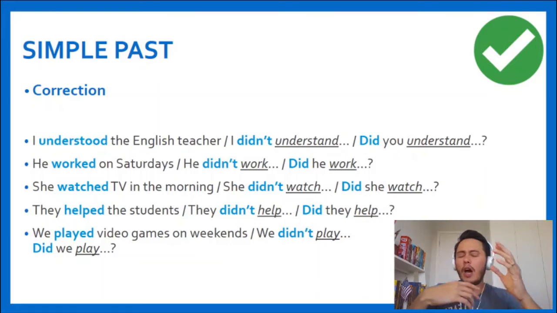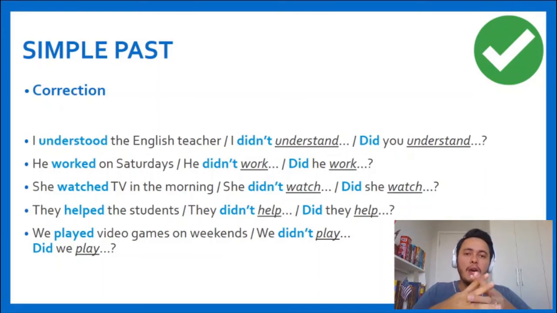There are some other cases where you have voiced and you have silent, but basically what you need to know is that you don't pronounce this ed strongly, all right, especially if you're Brazilian. It's very subtle. So number 2 here, he worked on Saturdays. He didn't work on Saturdays, and did he work on Saturdays?